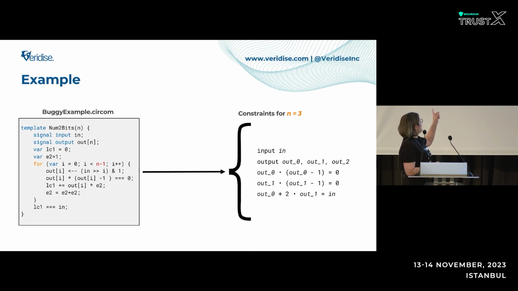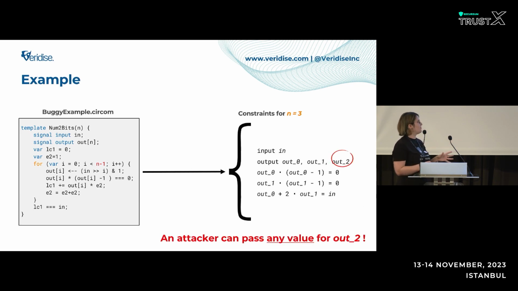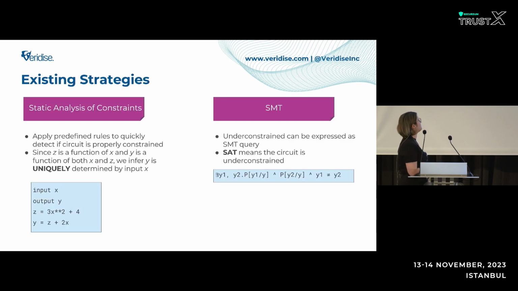Basically, what happens here is that we don't loop up to n, we loop up until n-1, and this is the cause of some unconstrained circuit output signals, and this results in the possibility for an attacker to pass any value for this output 2. So if we instantiate this snippet of code for n equal to 3, then we have this vulnerability uncovered.